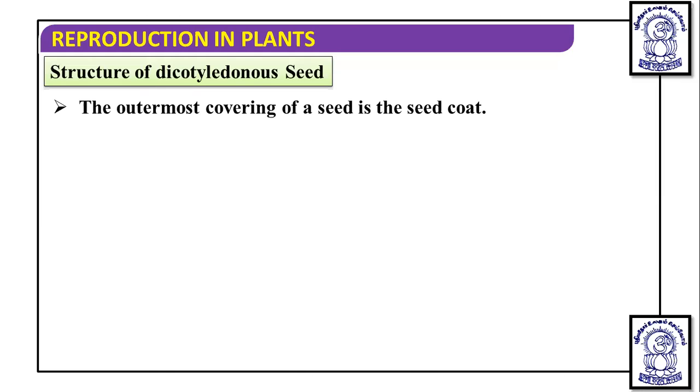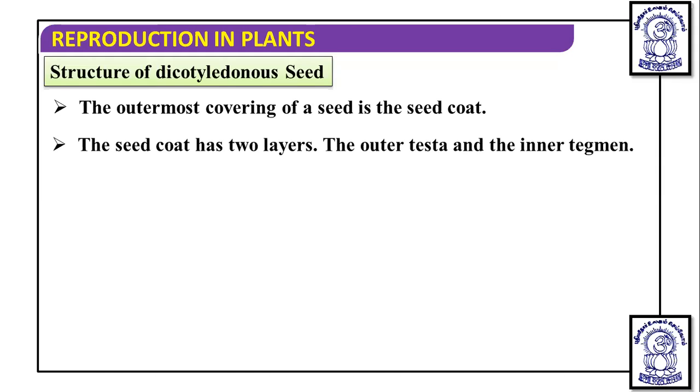This dicot seed also has an outer covering that is known as seed coat. But this seed coat is two-layered, or bi-layered. Dear student, remember, the seed coat is bi-layered, in which the outer layer is known as testa and the inner layer is known as tegmen.